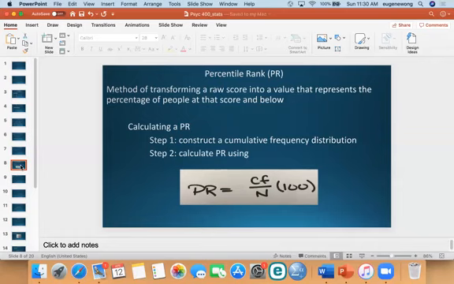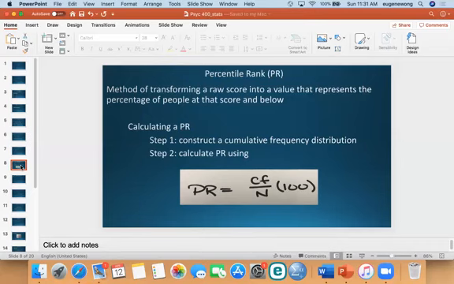The percentile rank has to do with taking a score and transforming it into a new value that tells us where this score lies. And it tells us that information in terms of the percentage of people who are at that score and below it.